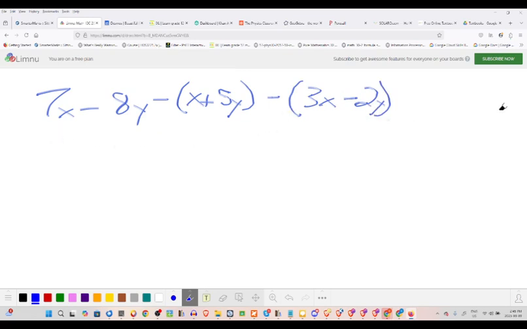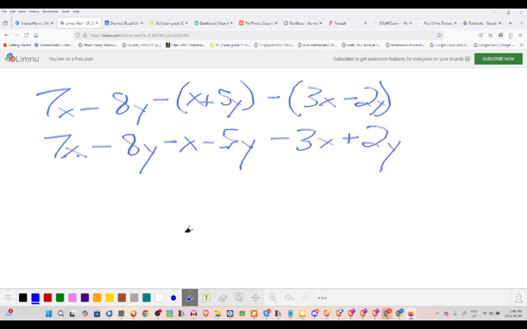Before I start collecting any like terms, I want to get rid of these brackets. I do that by distributing that negative sign through the brackets. 7x minus 8y. Bring the negative through. That's a negative 8y, negative x minus 5y, negative 3x plus 2y.